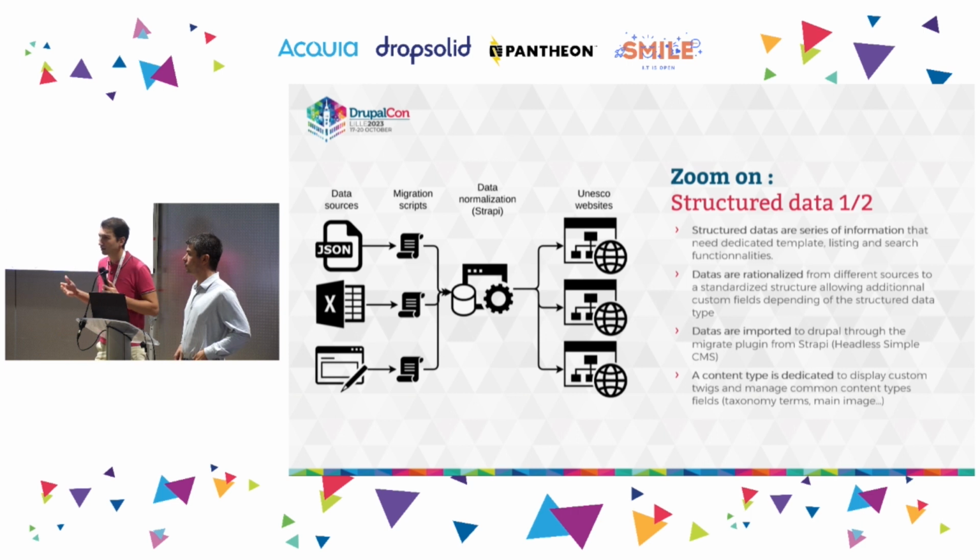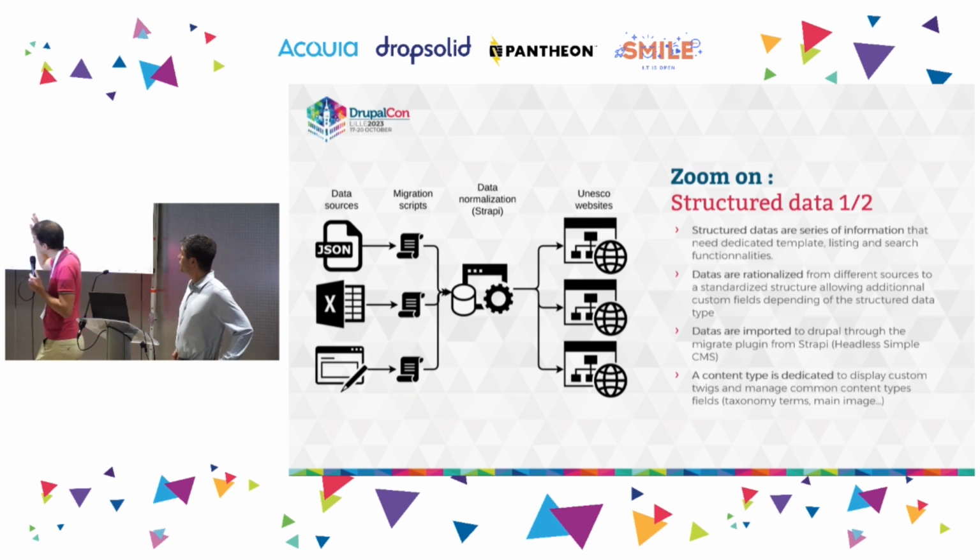All these templates are custom, and there are many. We can prepare them beforehand in Figma, but for each structured data, we will need to create a custom template, a custom CSS or a custom JavaScript.